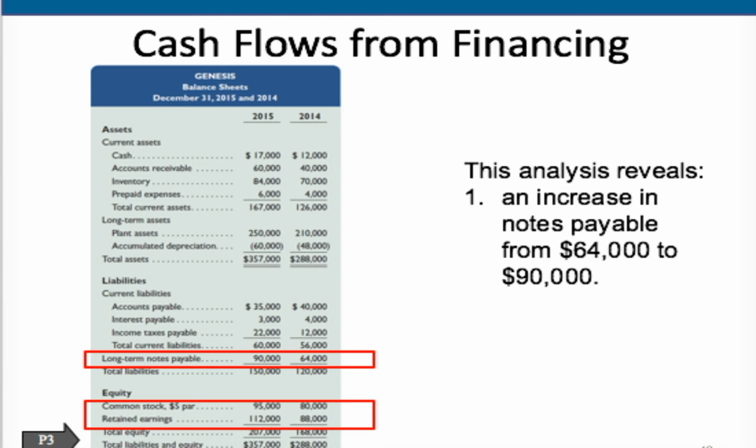The other remaining transaction that involves non-current liabilities, I should say, is the cash retirement of notes payable. The first stage in analysis of notes is to review the comparative balance sheets shown. This analysis reveals an increase in notes payable from $64,000 to $90,000.